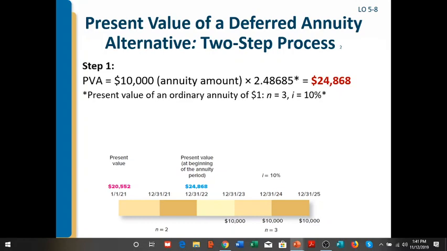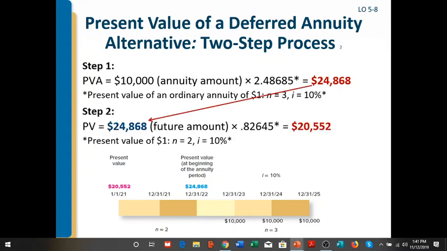Then that's going to be your single figure, and you go to your present value of $1 table and multiply 24,868 times 0.82645, because those are the two periods that haven't been accounted for.